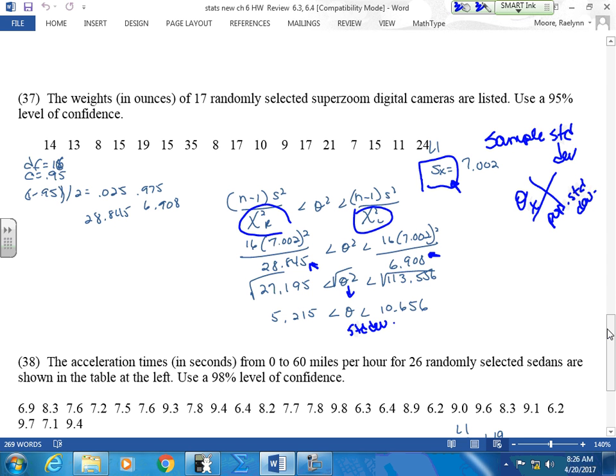Now, what does this mean in words? And you know darn well I'm going to ask you this statement. I want to be 95% confident, and I'm looking for certain words.